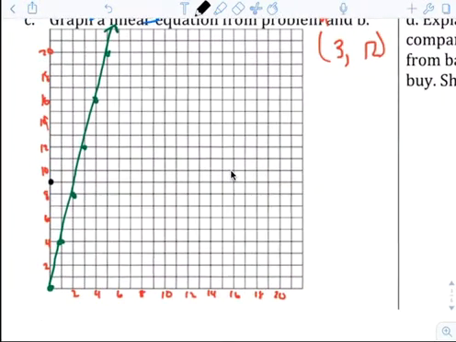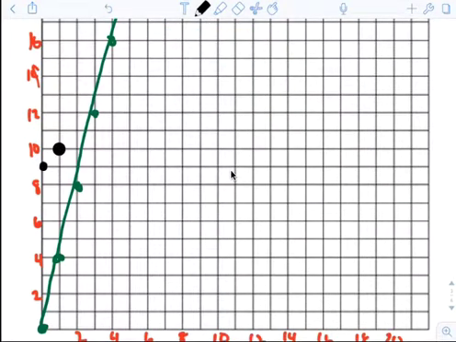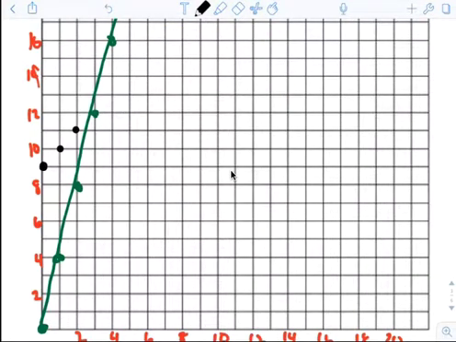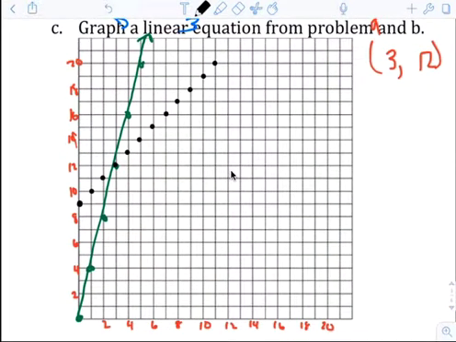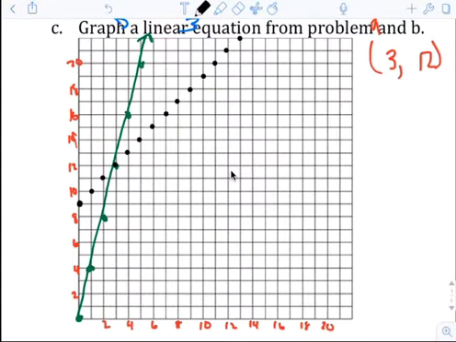You go up 1 over 1, like that. So the solution, look, is (3, 12).